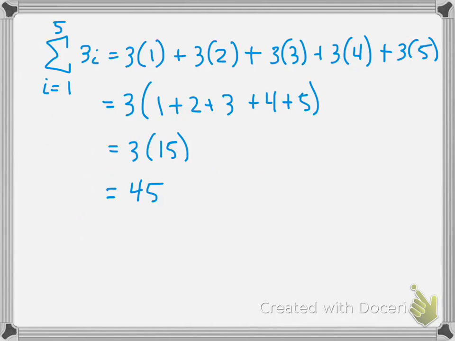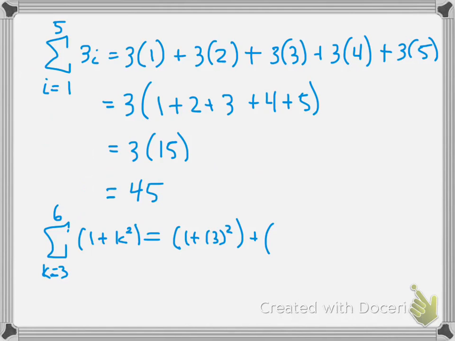Another example would be if I want to find the sum from k equals 3 to 6 of 1 plus k squared. What I would do is where I have a k, I would start off with 3. Here's a prime example of us not starting at 1. But I would then do 1 plus 3 squared plus 1 plus 4 squared plus 1 plus 5 squared plus 1 plus 6 squared.